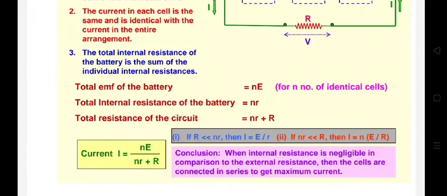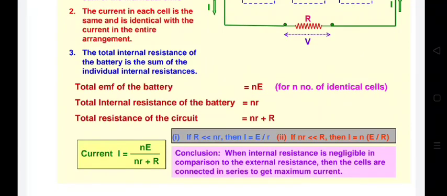If nr, that is total internal resistance, is very small than the external resistance, then in that case we can ignore nr. So if we ignore nr, then current value I will become nE upon R. E upon R is the current given by a single cell.